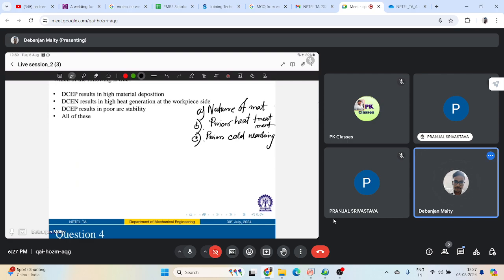And what happens due to cold working? Cold worked grains will result in high strength and low ductility, right? So if you are deforming a material, there will be dislocation generation, right? Are you aware of these terms?